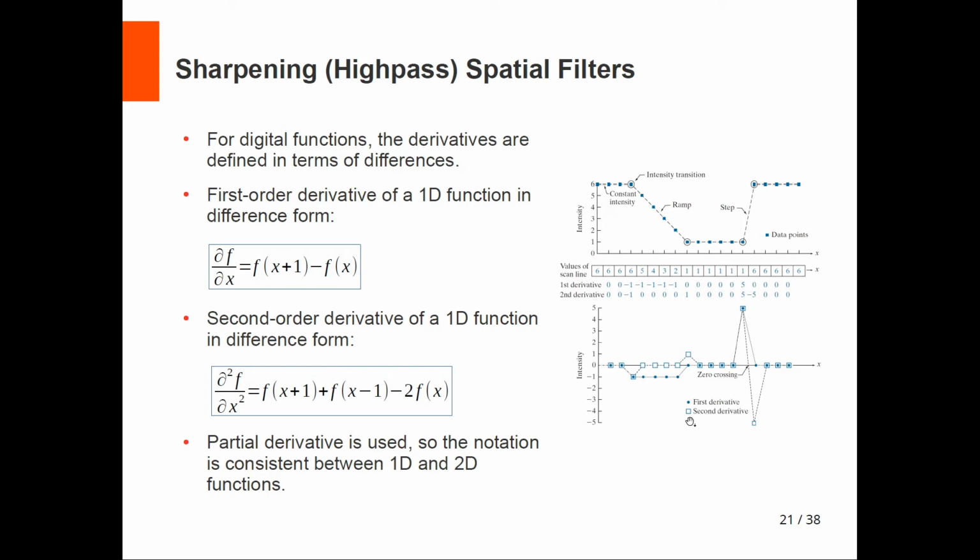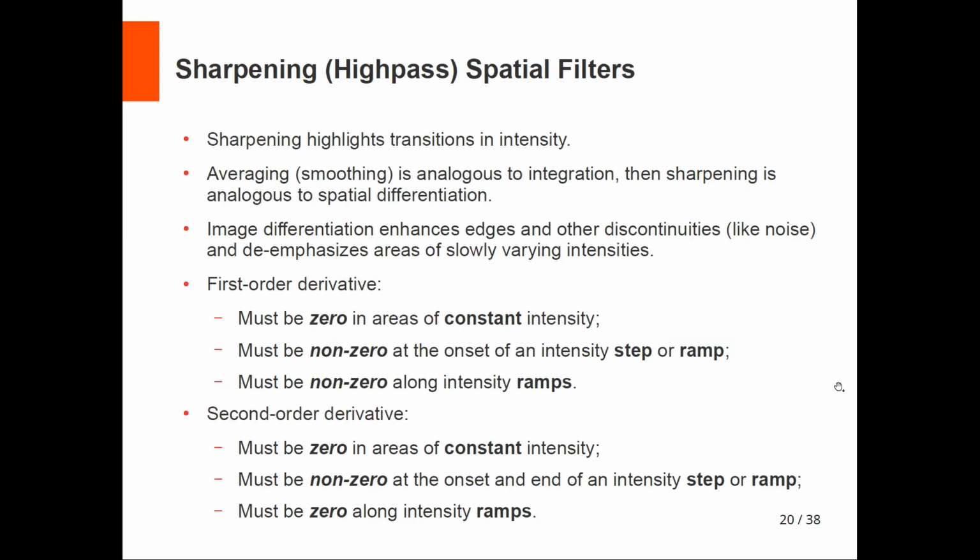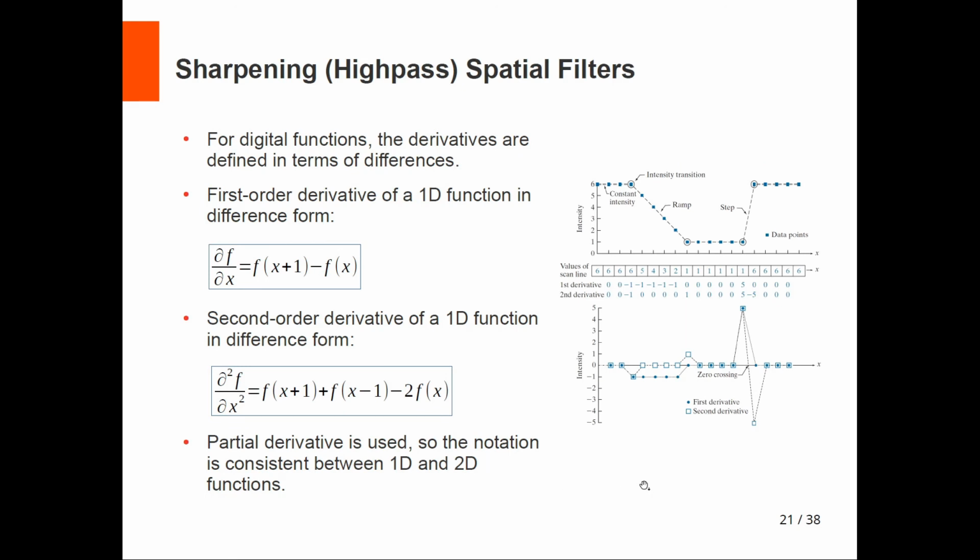As we saw before, the first derivative is 0, the second derivative is also 0. So let's just see if this is satisfied. So here's an area of constant intensity, and as you can see, both first derivative and second derivative are 0. Here's another area of constant intensity, and both are 0, and here is another area of constant intensity, and both first and second order derivative are 0.